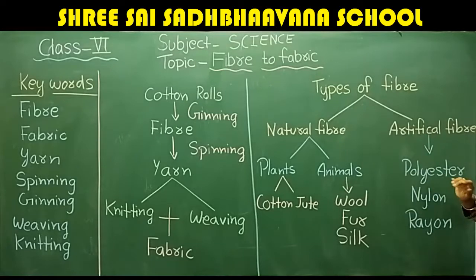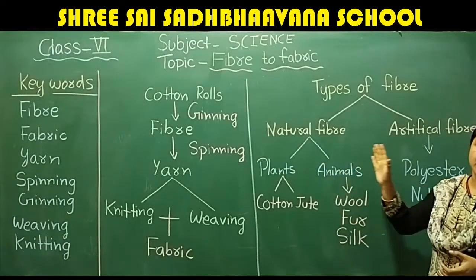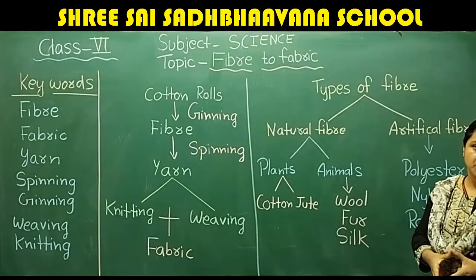In the artificial fibers, we have different clothings, which are polyester, nylon, and rayon. Their texture and material are entirely different from what we get from the natural fiber.